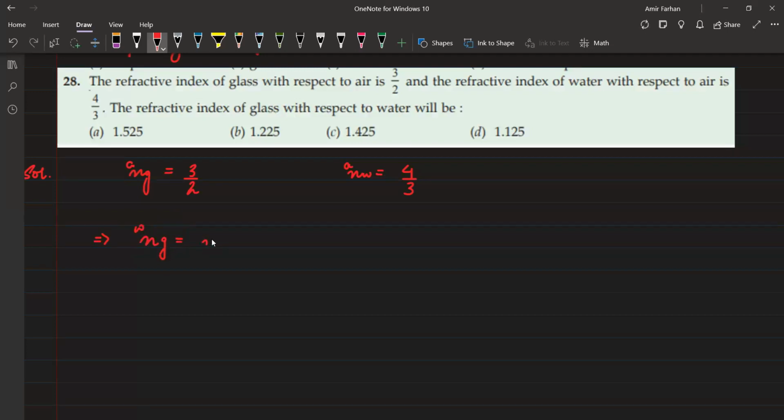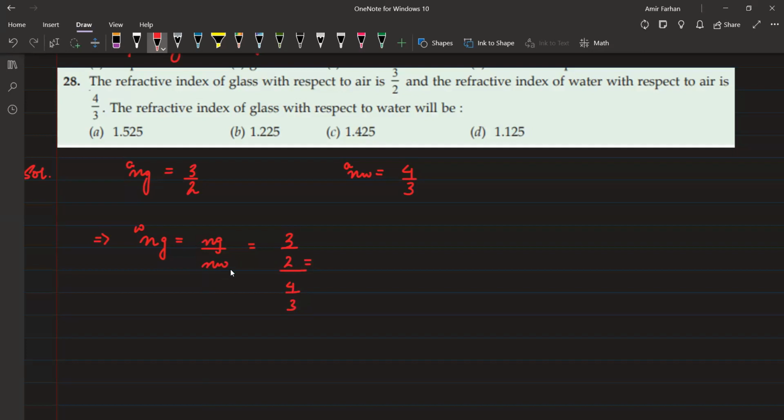So the refractive index of glass is 3/2 divided by 4/3. The medium after 'with respect to' will be the denominator.